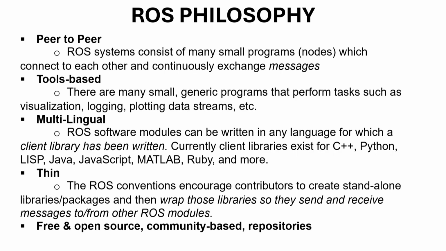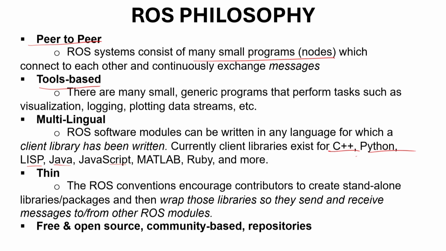The philosophy of ROS is that it is peer to peer. First of all, it can consist of many small programs or nodes which connect to each other and continuously exchange messages. Then it is tool based, with many small generic programs that can perform specific tasks. It can be multilingual also: C++, Python, Lisp, Java, JavaScript, MATLAB, Ruby.